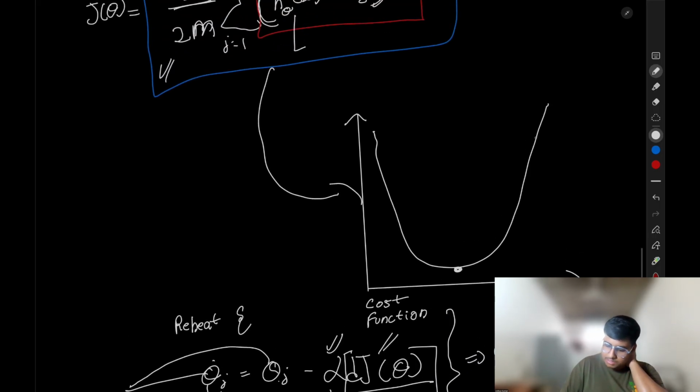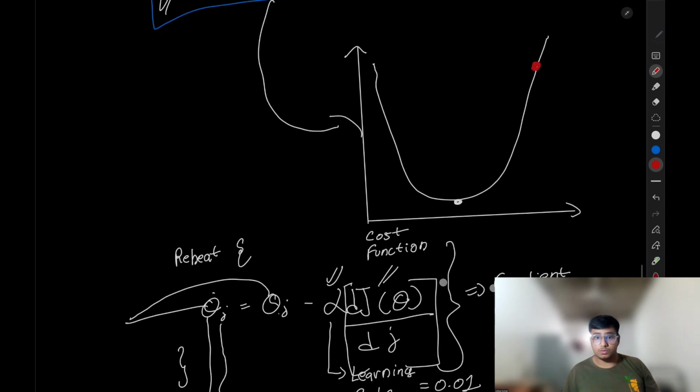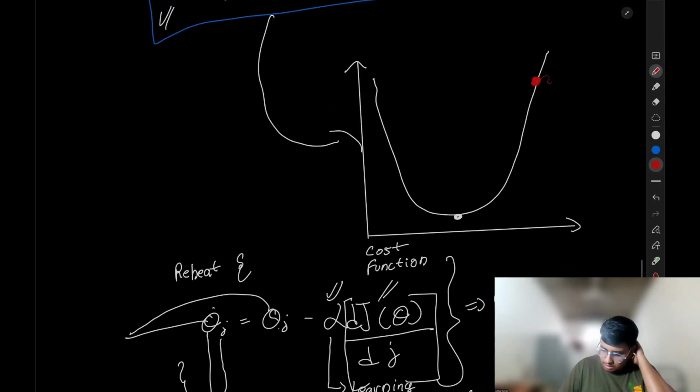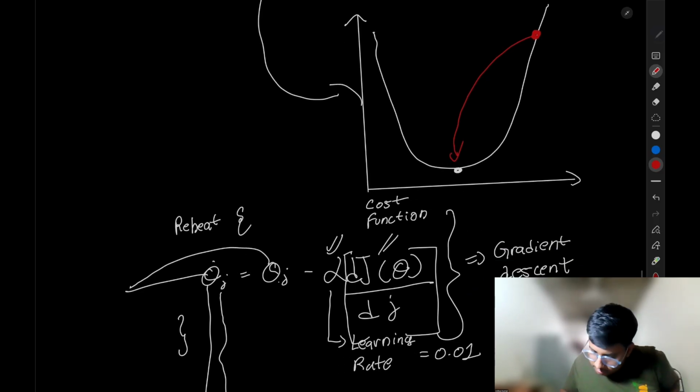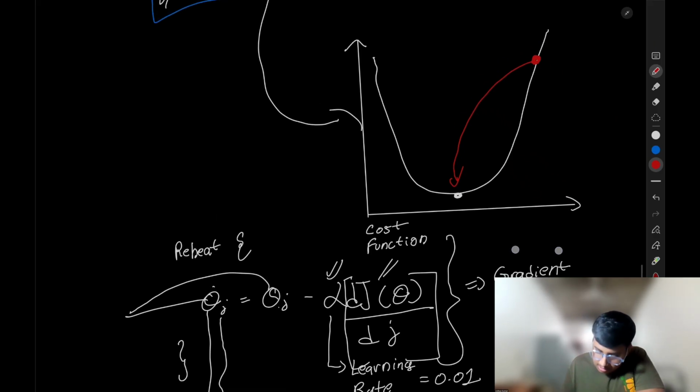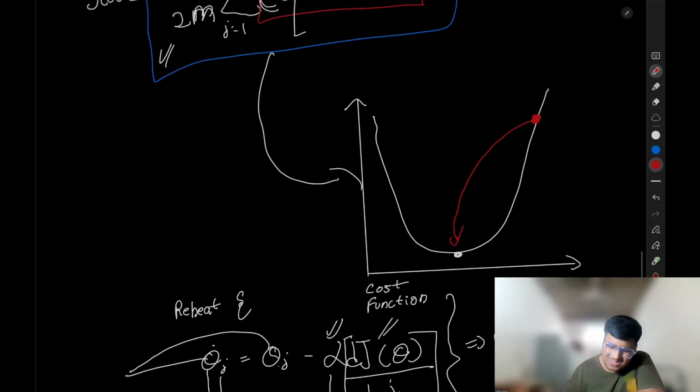For example, let me draw the cost function with red. For example, our cost function is here initially. Okay. So what our gradient descent does is help this cost function to obtain minima. Because we all know the slope of the line is the differentiation of the equation.